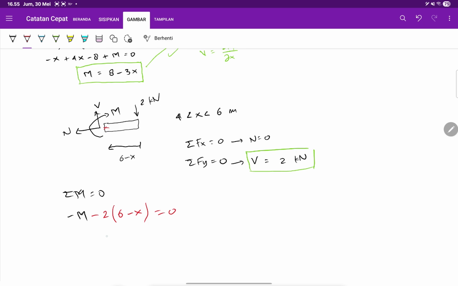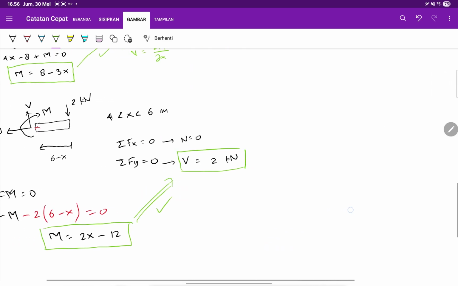And then my m will become 2x minus 12, and this will be my moment. If I check again the derivative of m, it checks, because the derivative of 2x minus 12 is 2. Then that is the internal shear force. So now we have everything.